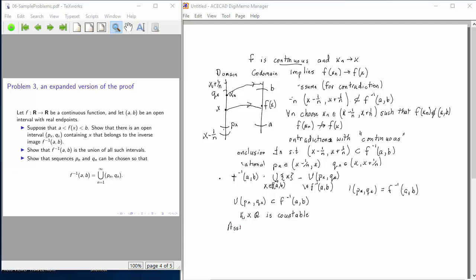I assign serial numbers to these intervals in any way that strikes my fancy. And I look at the interval extending from p sub x to q sub x with serial number n.